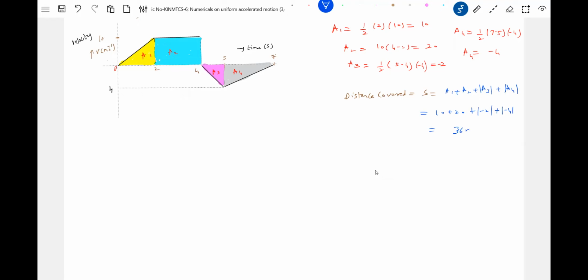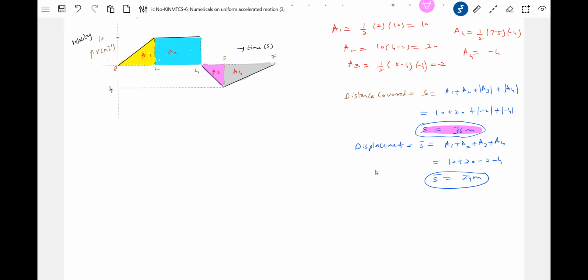I'll write it. So that is the total distance covered. What about displacement? You just take the algebraic sum of these: A1, 10, 20, minus 2, minus 4, 24 meter. Are you getting it now? So from the area under the curve we see so much information.